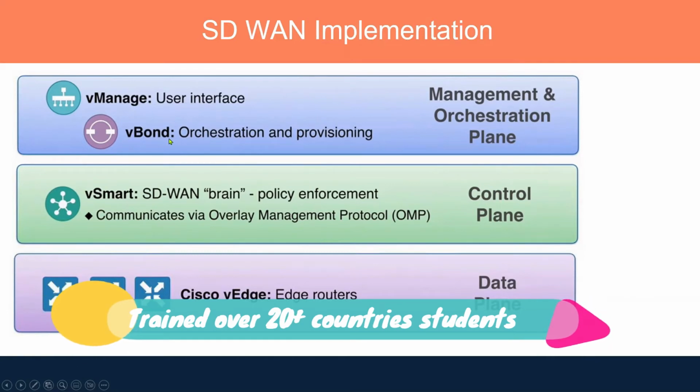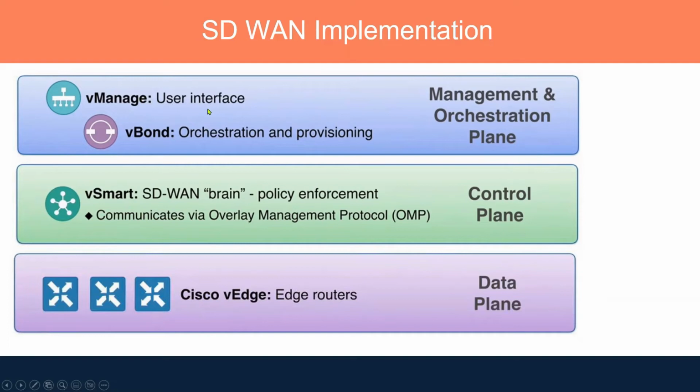That means using vBond. So instead of manually putting username and password, you can use any kind of scripting. As I told, Python, any kind of scripting you can use. And in that scripting, you can call the Cisco SD-WAN API. Through the SD-WAN API, you can access this management plane.